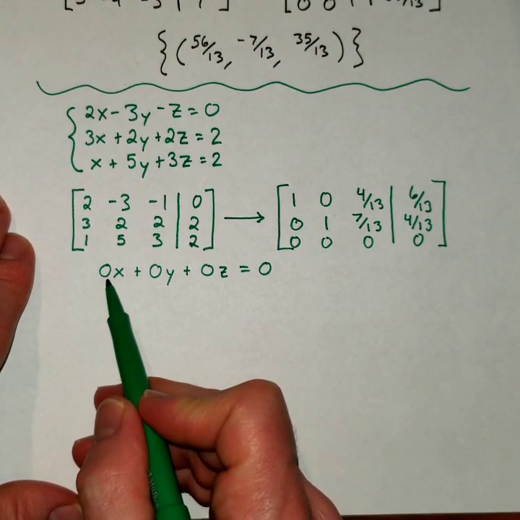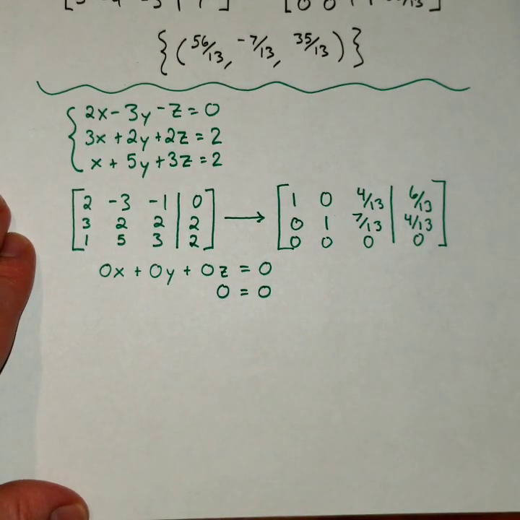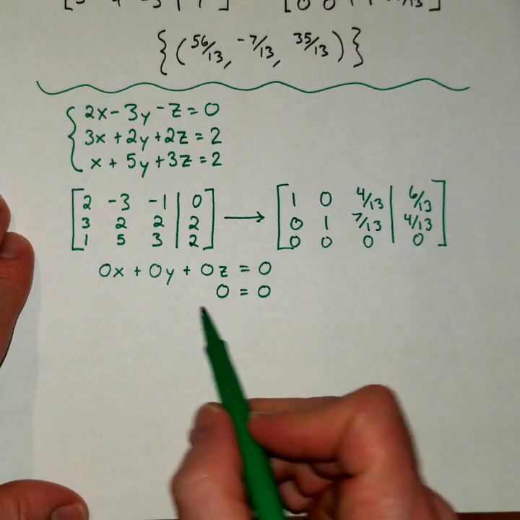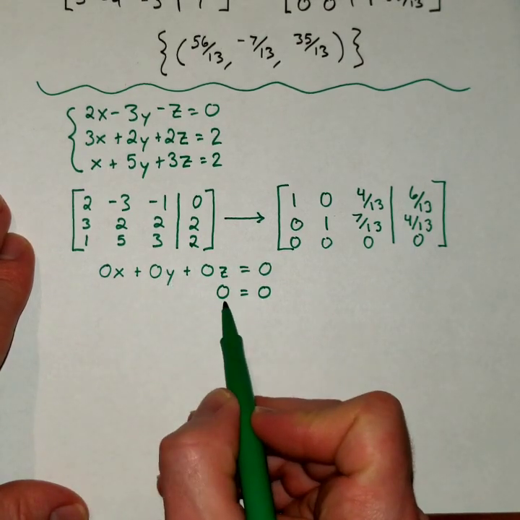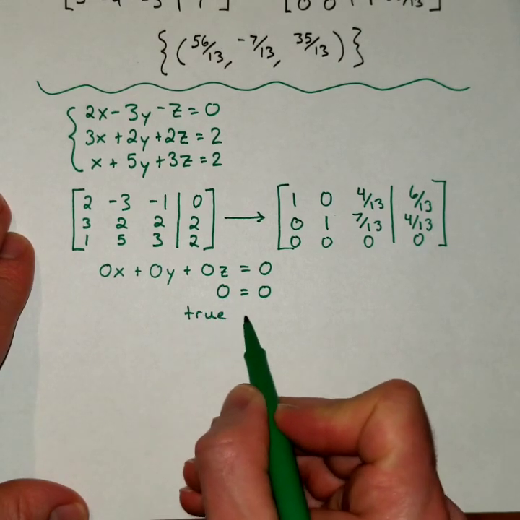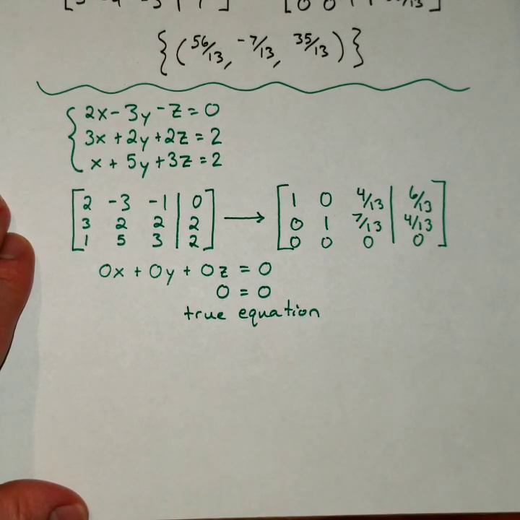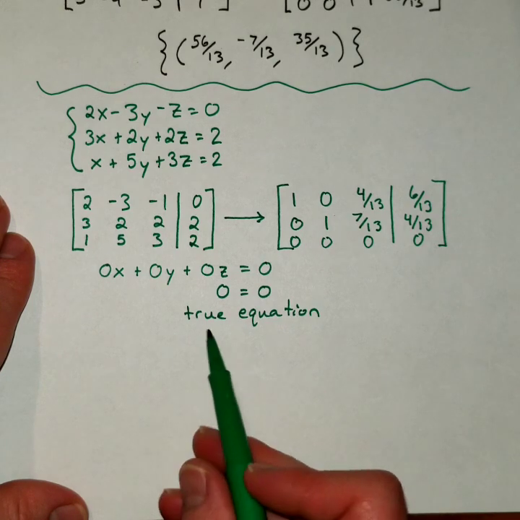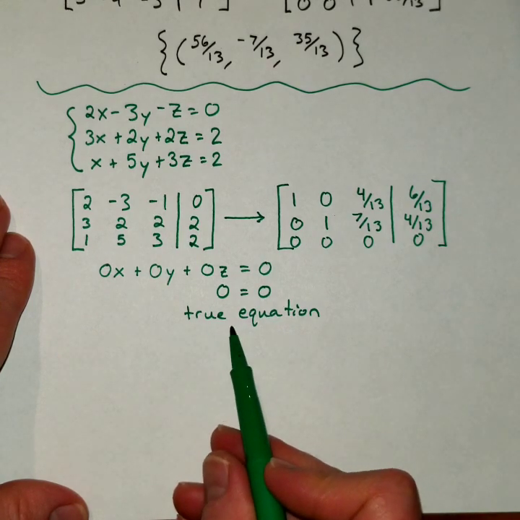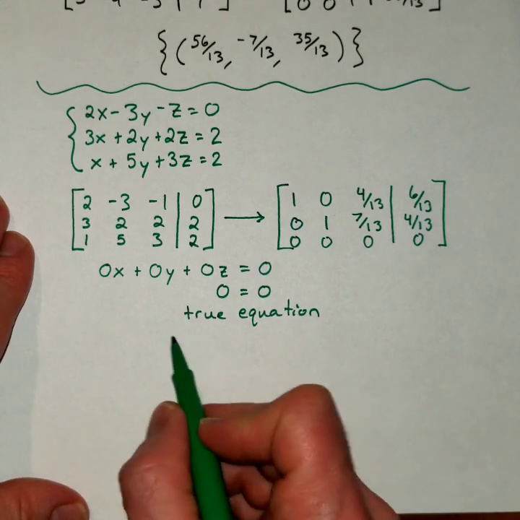Of course, on the left side, all these zeros just make 0, and we're left with the equation 0 equals 0. Now, when the variables all drop out and you're left with a true equation, perhaps you'll remember from the last section that those result in systems with an infinite number of solutions.